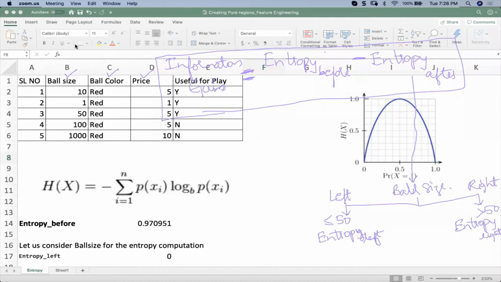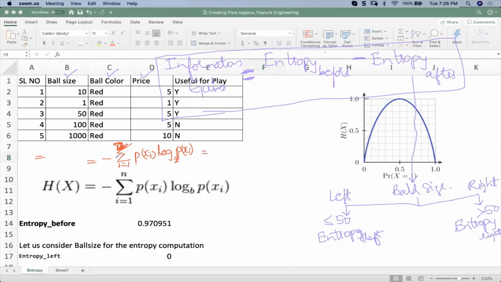Okay, now let's proceed further. Let us first calculate entropy before. It's a two class problem. So how do you write this formula? Minus is because error, right? Error you're representing in negative. You have two classes, so instead of n you'll put 2: p of xi into log of p of xi base 2.